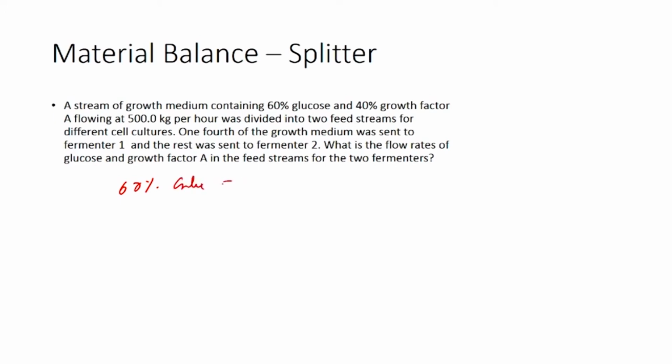So, this implies for stream 1 and stream 2, the amount of glucose would be 0.6 times F1 and 0.6 times F2 respectively.